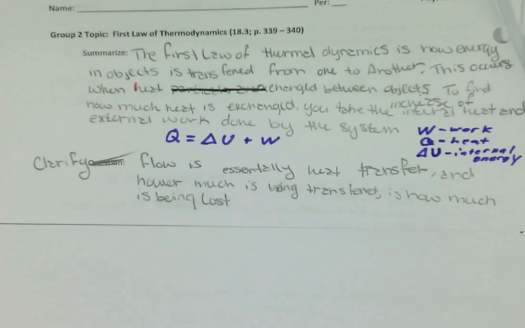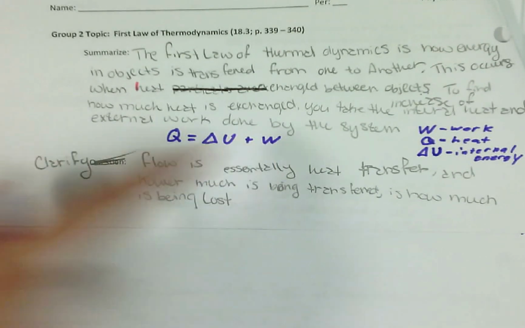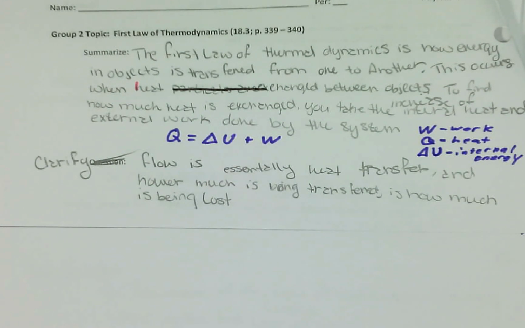Think about conservation of energy. When we did conservation of energy, we said KE plus PE initial equals KE plus PE final. But sometimes friction, that squirrely little devil, would act, and then we would add in the work that friction did. Same thing here. Heat transfers into internal energy, but sometimes work is done, and when that work is done, you just add in that work to the problem.